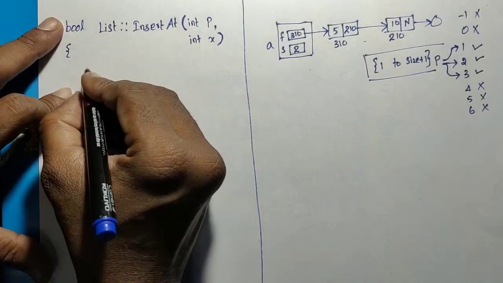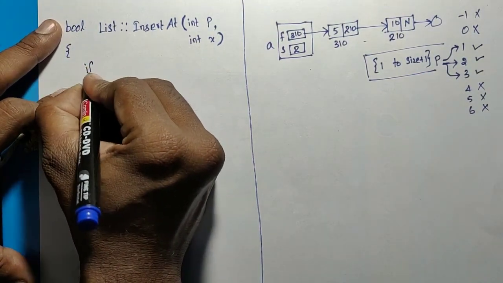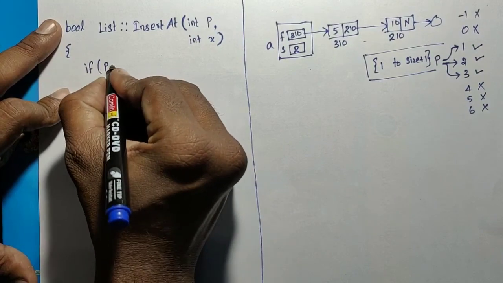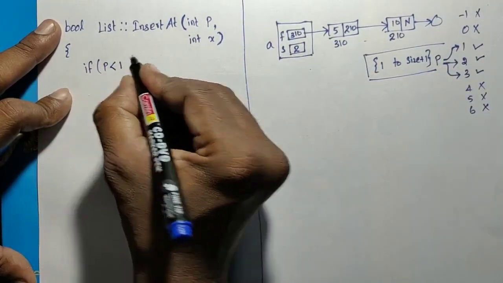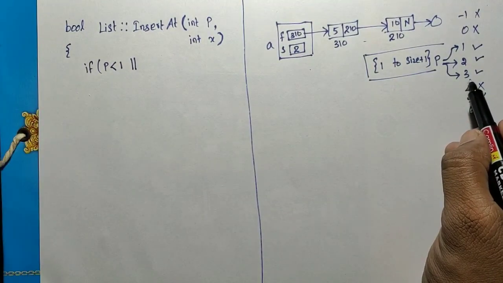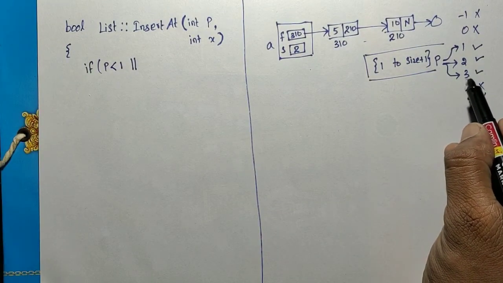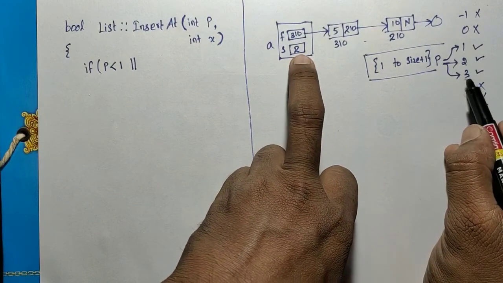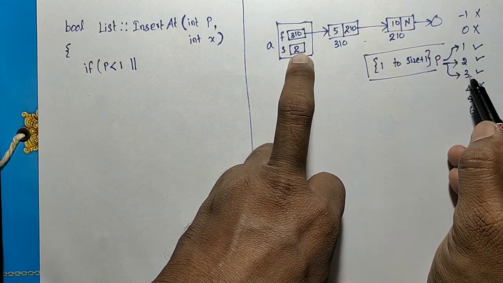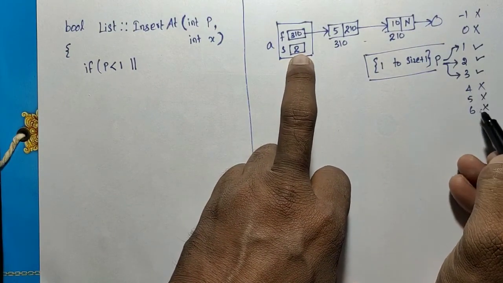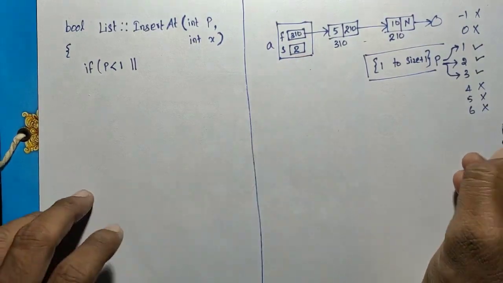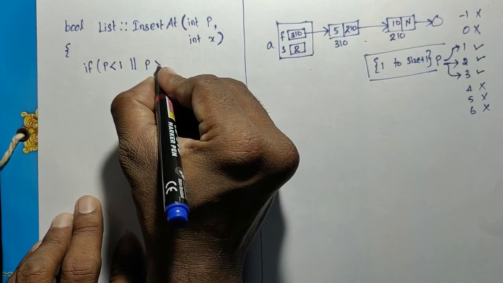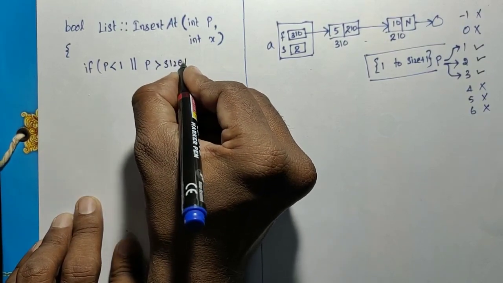That is, if P is less than 1, it's a 0 or something, or if P is greater than size plus 1.